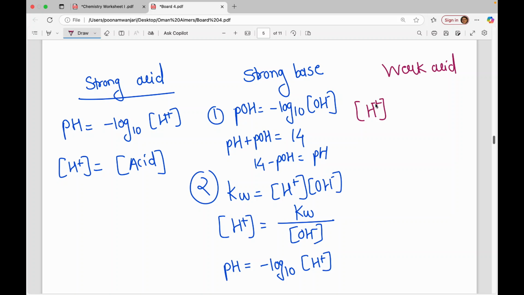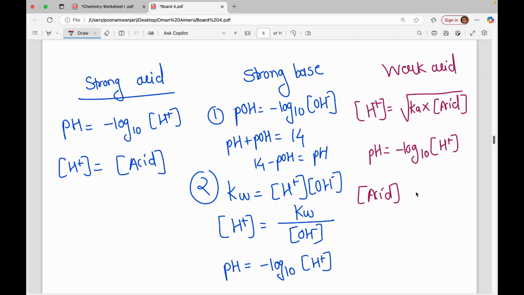Because this is incomplete dissociation, the extent of ionization is given by the dissociation constant. So Ka into the concentration of acid provided in the problem. After getting H plus, put it into the formula pH is equal to negative log to the base 10 of the concentration of H plus ion. So student, these three formulas you need to keep in mind, because in the case of a weak acid, the concentration of acid given, or initial concentration of acid, is not equal to the concentration of H plus.